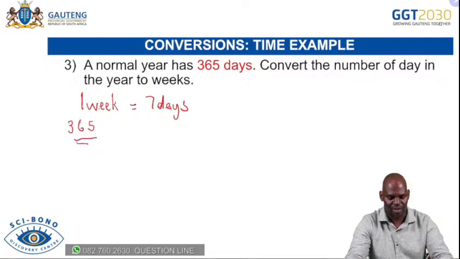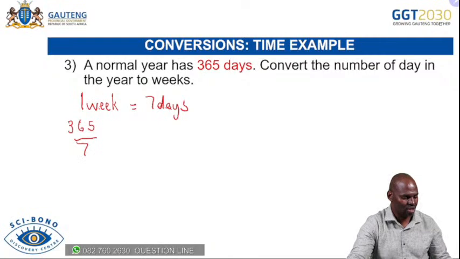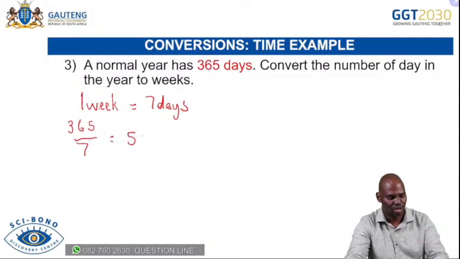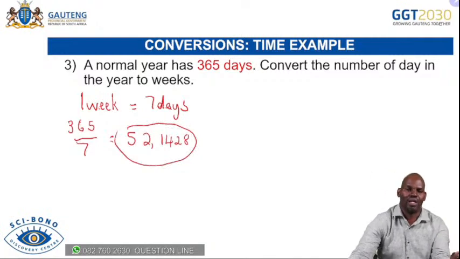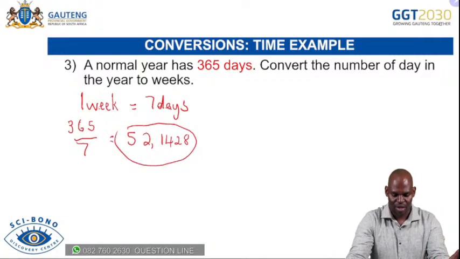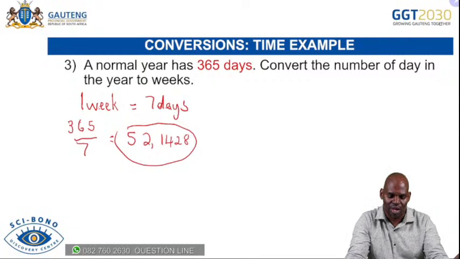divided by 7. So if you use your calculator, 365 divided by 7, I get 52.1428 and so on. Okay, but remember, under the conversion factor, we said we've got 52 weeks in a year.